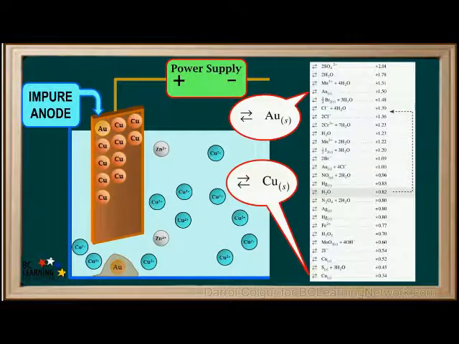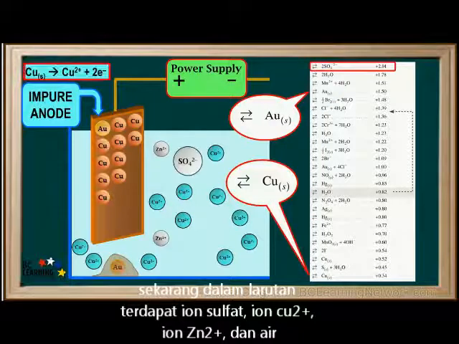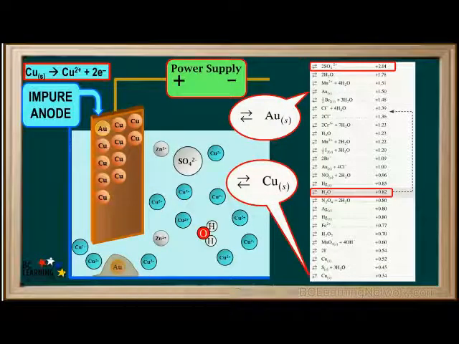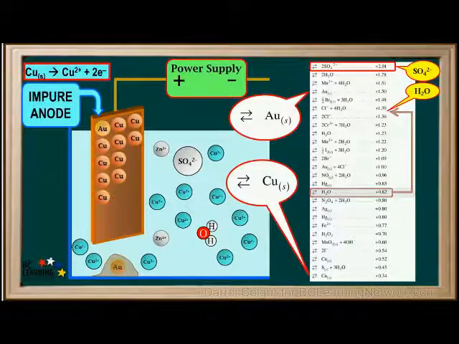Now we'll focus on the species above copper on the right side of the table. We had left sulfate and water out of our diagram, but remember they are still present. Sulfate has a very low oxidation potential of negative 2.01 volts, and water, with its overpotential effect, behaves like its oxidation potential is about negative 1.38 volts.